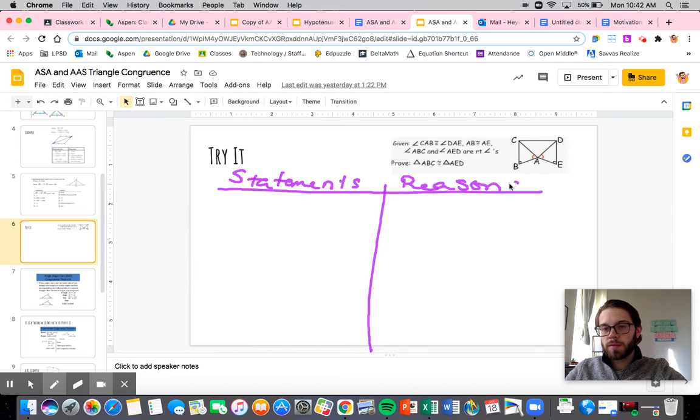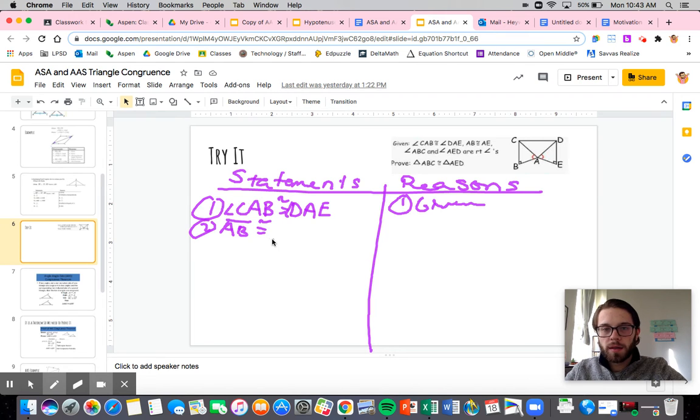Okay, so I'm going to go with the given. Angle CAB is congruent to angle DAE. Whoops, I forgot the angle. You know what? I'll leave them separate so we can see them. All right, segment AB is congruent to segment AE.